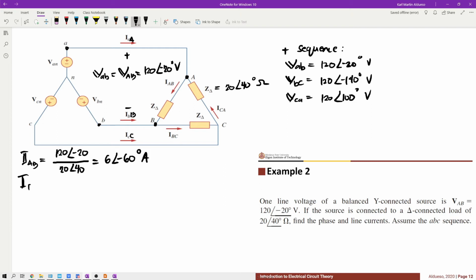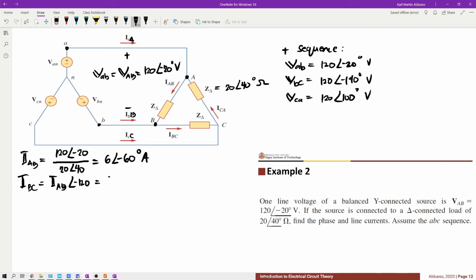Now remember, if it is a balanced system, you can get the value of one component and then we can relate that component to the other components. So in this case, we can relate IAB to IBC and ICA. So IBC is equivalent to IAB, lagging by 120.